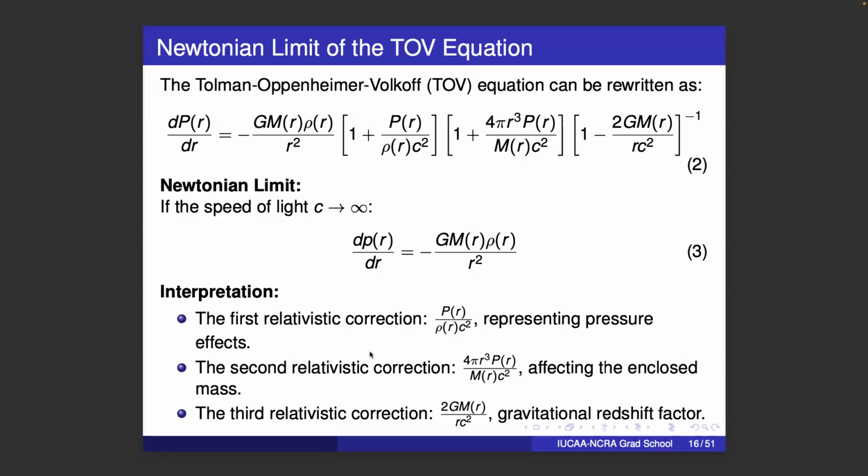So what happens is, if you have any particle or any photon coming out of a strong gravitational field, it encounters what is known as gravitational redshift. The energy of the photon decays because of the gravity. So that effect is accounted for in this last term.